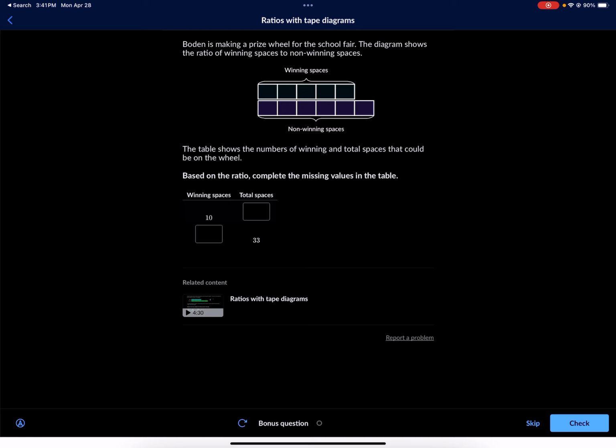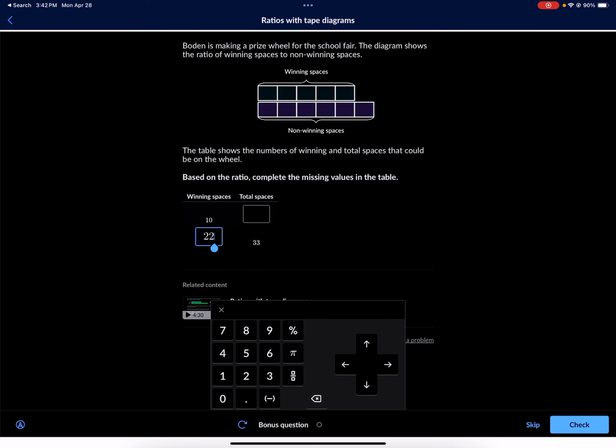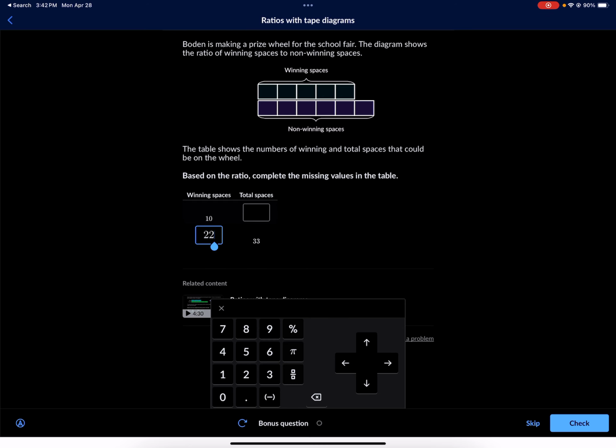You can always pause if you want. Okay, just for the first time, I'm going to solve this right here. So we have 22 winning spaces for the 1. So we have 10 winning spaces here, which is 2 times 5, as we were given here, 5.